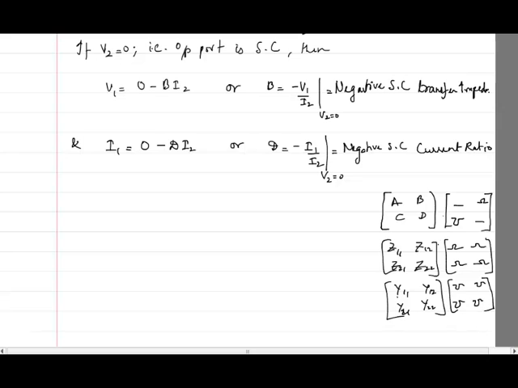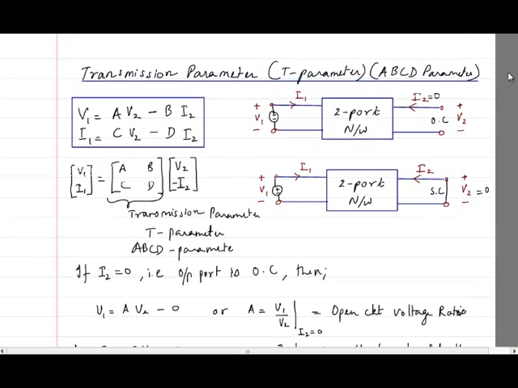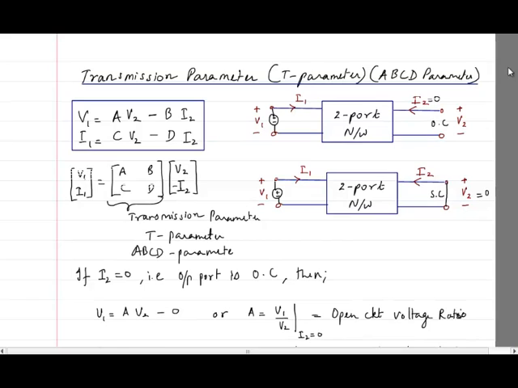Whereas when we come to transmission parameters, these two values are the impedance and the admittance, and these two are unitless because they are basically a voltage ratio and a current ratio. So you should remember these. These are the transmission parameters, or ABCD parameters, or T parameters of any two-port network.